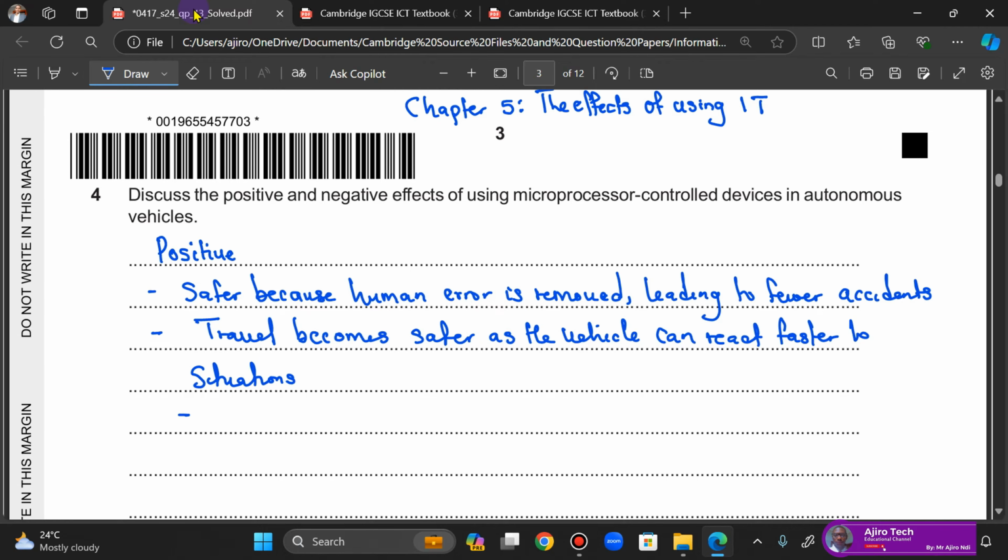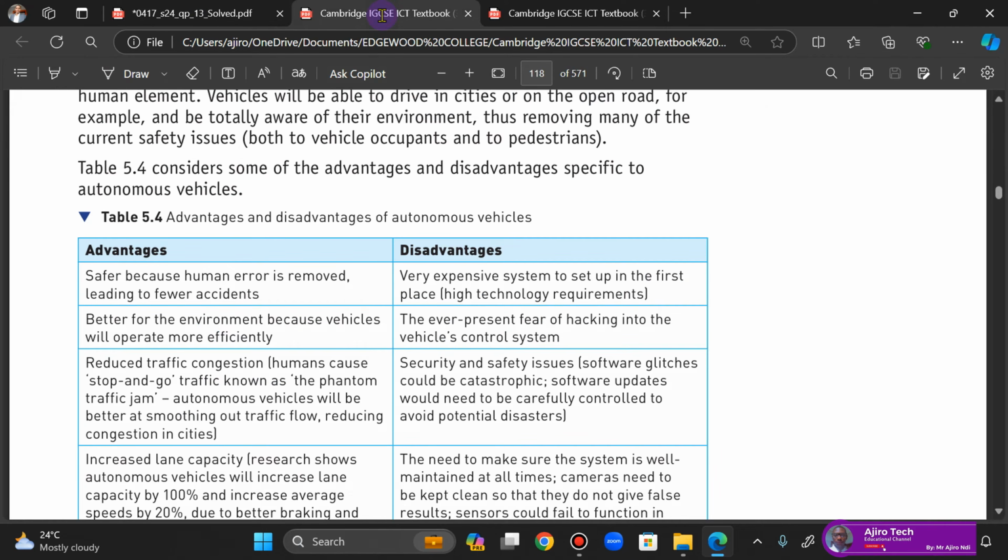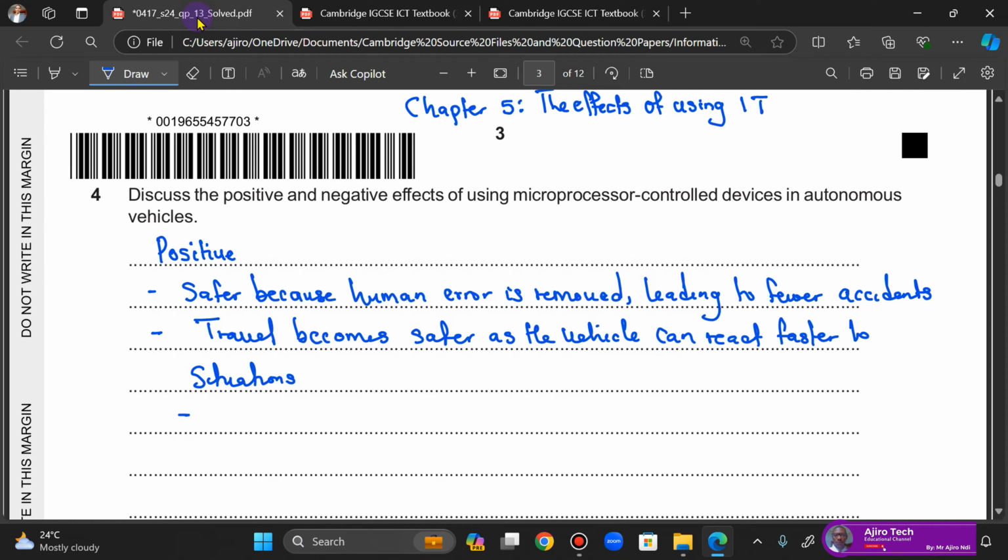And another one is the fact that it reduces any form of traffic congestion, because it can find a faster way.